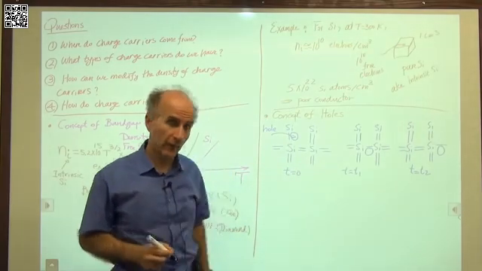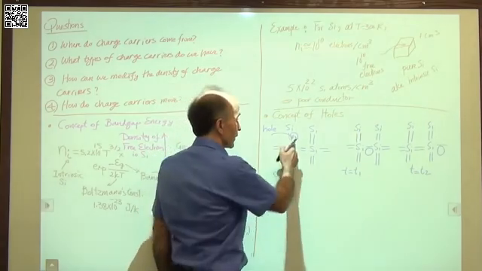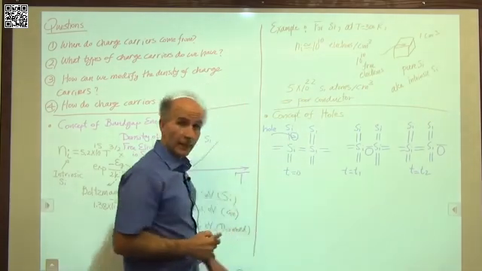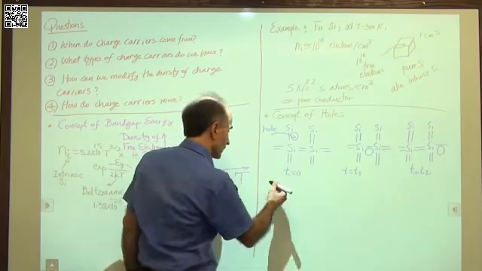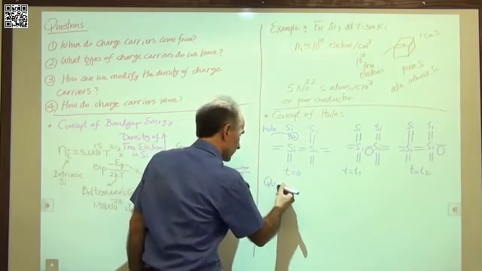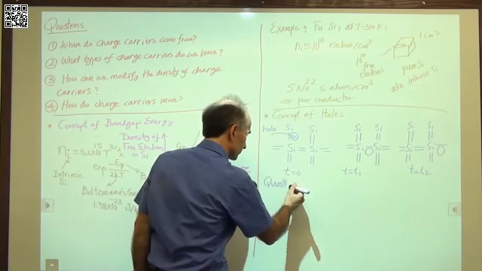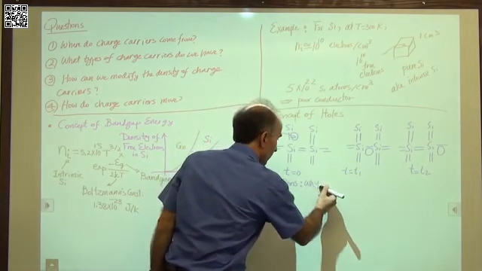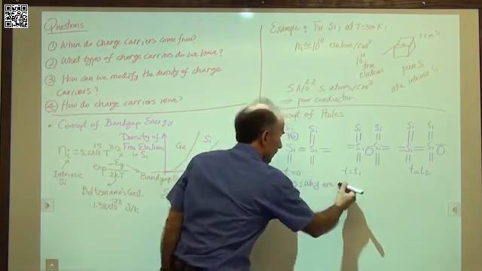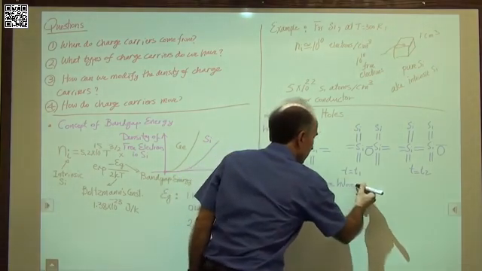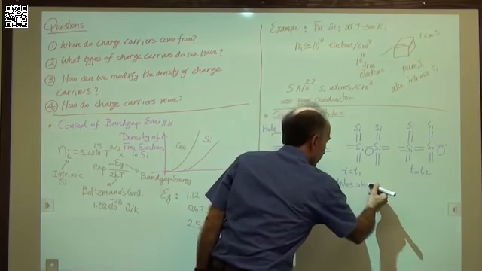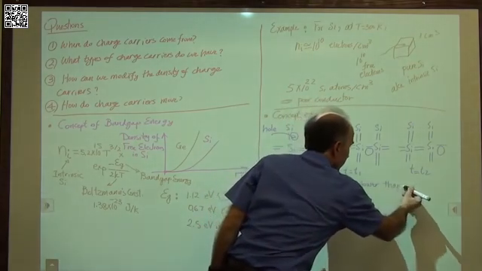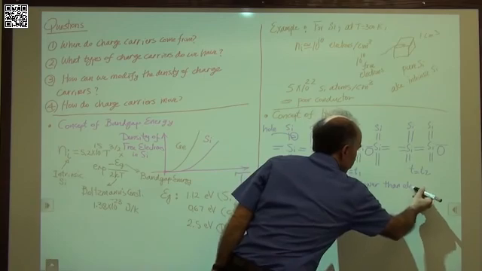I also want to emphasize that conduction by holes is not the same as conduction by electrons. So let me raise a question here. Why are holes slower than electrons?